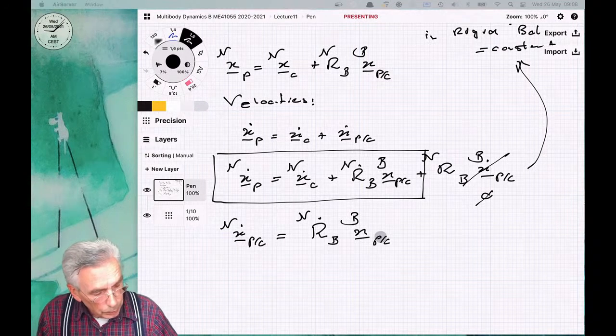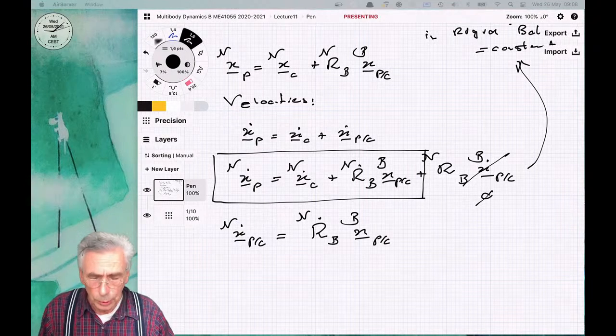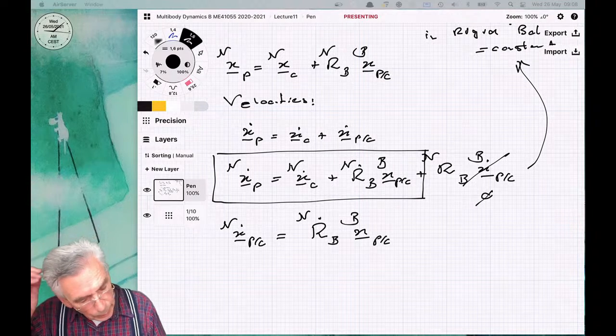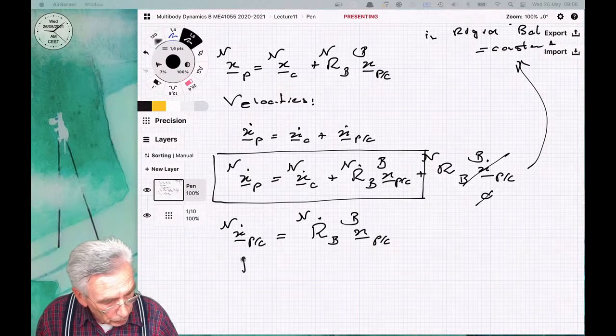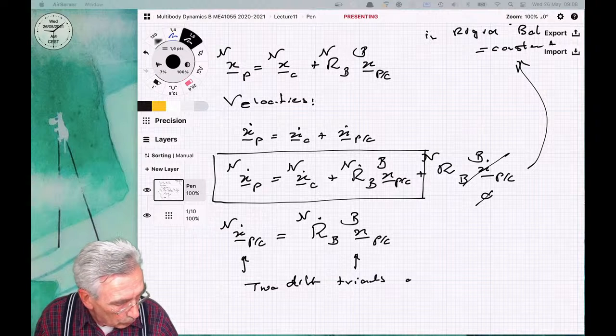So that's what we're going to talk about. Then we can find out what are these velocities due to the change in the orientation. Now notice that we use two different frames here, two different triads or coordinate systems.